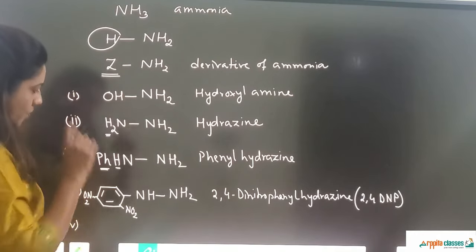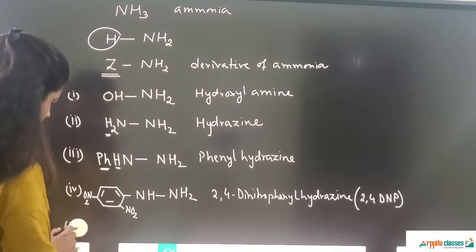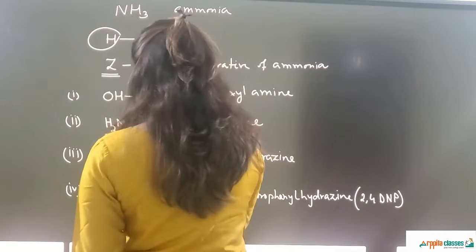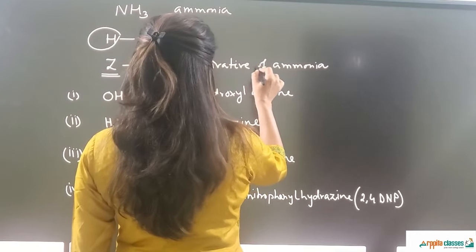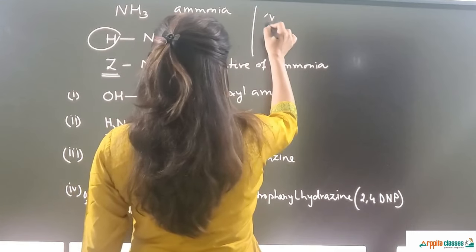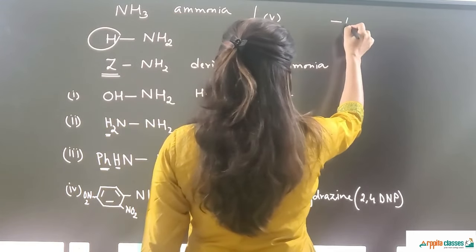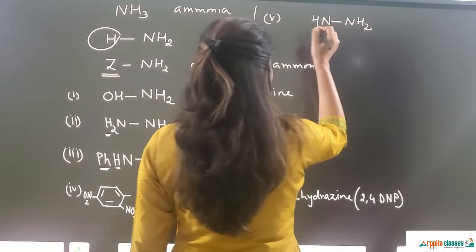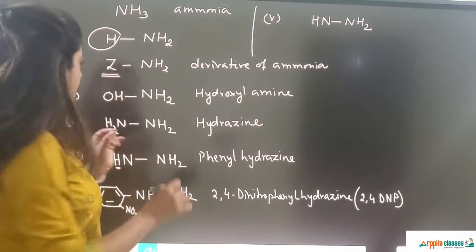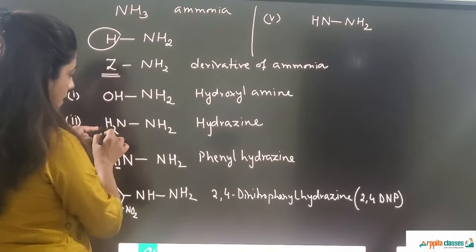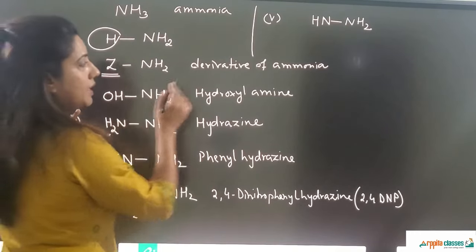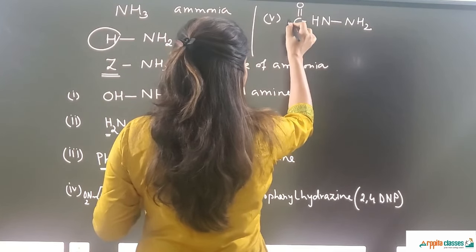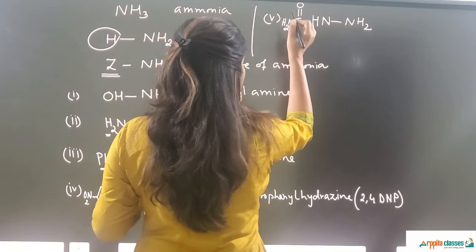And the last derivative of ammonia, that is semicarbazide. The fifth one, semicarbazide. What is it? Again, this NH2 is the same, and here on NH, we replace one of the hydrogens of hydrazine by a C double bond O NH2 group, an amide group.